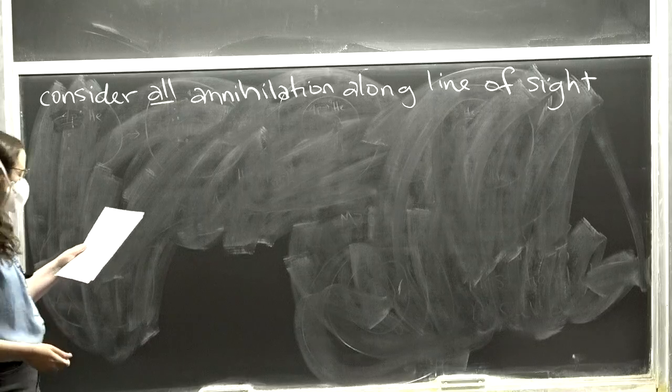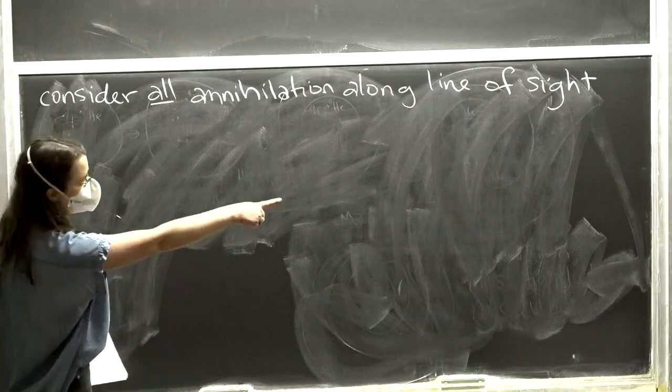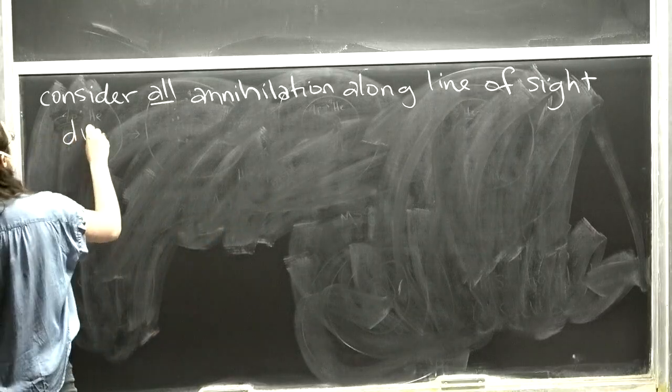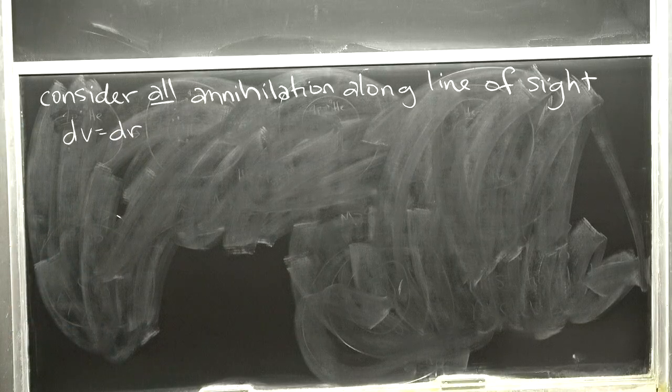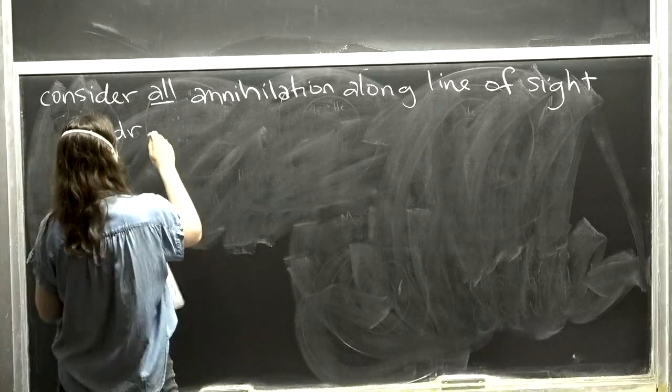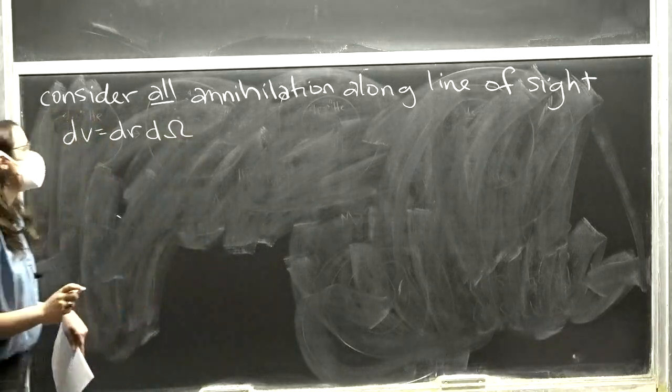So what I'm going to do is break up my volume into a radial component, where this radius is the distance away from me now, and an angular component d omega.